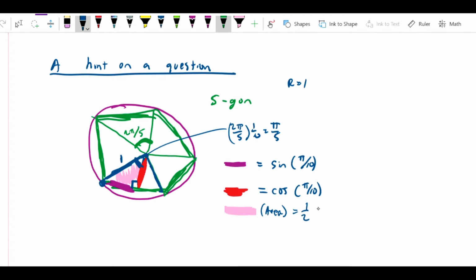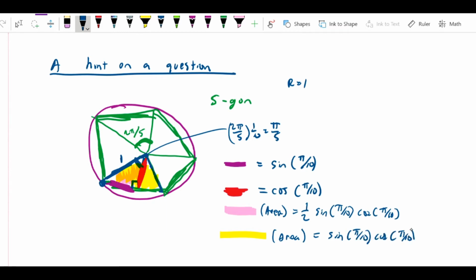So it's going to be 1/2 sine of pi over 10 cosine of pi over 10. So that means that the yellow triangle, which now includes the pink triangle, that's why some of it is shaded like that, is going to have an area of twice that. So that's going to be an area of sine pi over 10 cosine pi over 10.